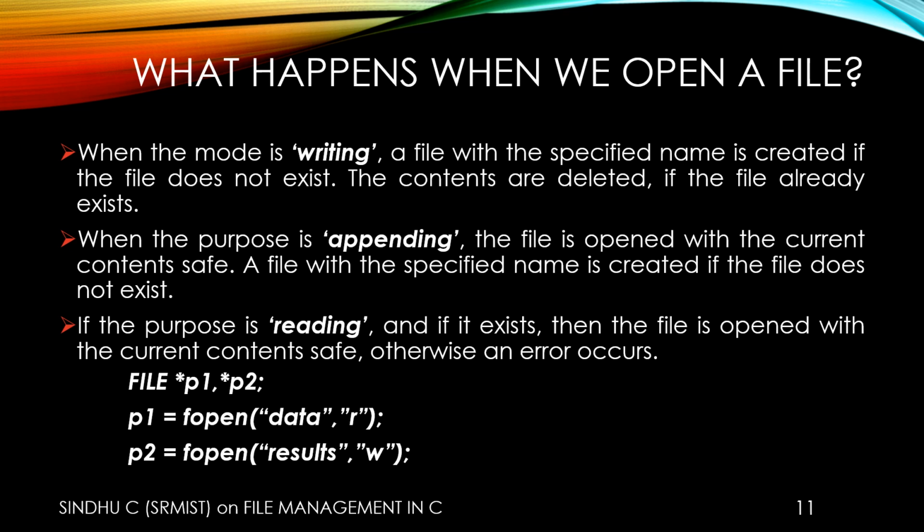In the second statement, p2 = fopen("results", "w"). We are opening a file results for writing. If the file already exists and if there is some content in it, it will be opened for writing, but all the contents in it will be erased. If the particular file results is not available, then a new file is created and it is opened for new contents to be written on it.